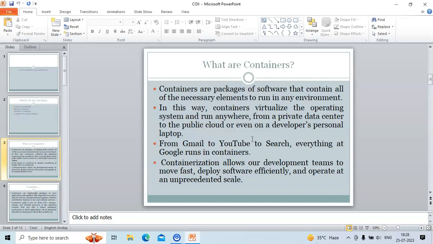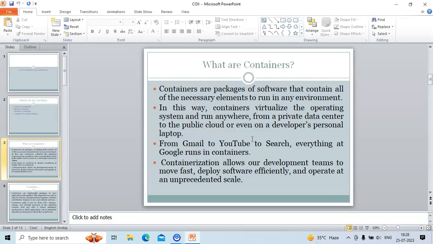For example, we are using Gmail and Google Calendar, etc. These Google applications are actually containerized and run on their cloud server. So we can say containers help to virtualize the operating system so they can run anywhere, from a private data center to the public cloud, even on personal laptops also.